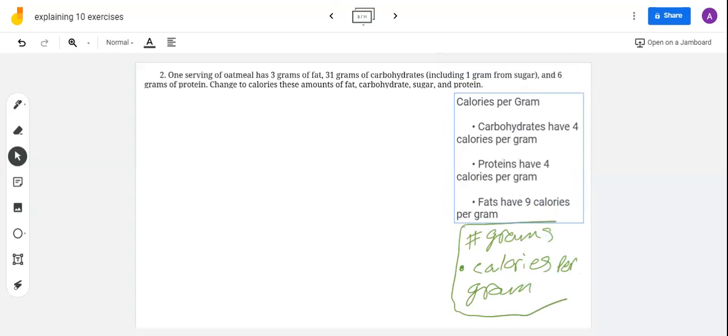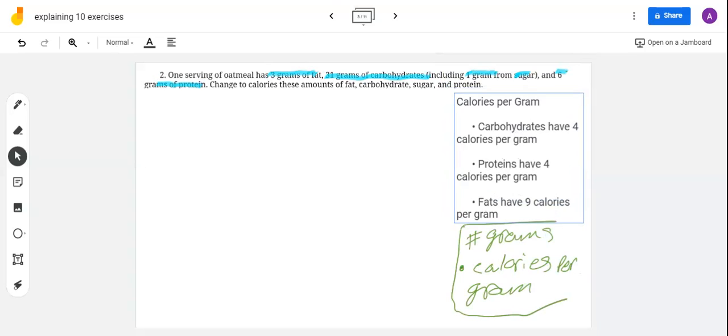So let's go back to our pretty blue. It says that there's 3 grams of fat, 31 grams of carbohydrates, 1 gram from sugar, 6 grams from protein, right?